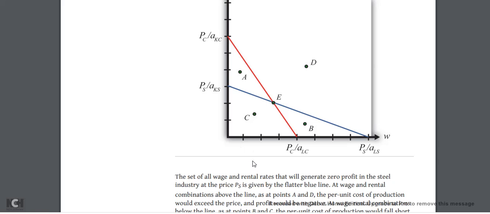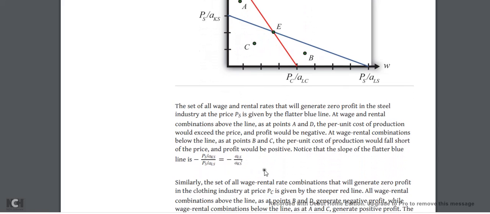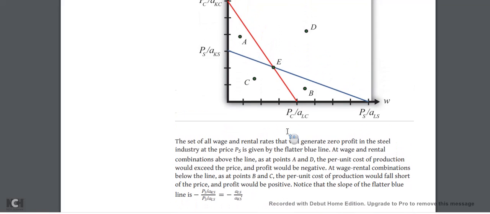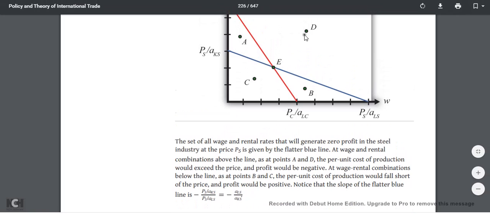Okay, with this, now let us look into the sentences given below. At wage and rental combinations above the line, as I said, at the points A and D, if you take A and D, the per unit cost of production would exceed the price, and the profit would be negative.